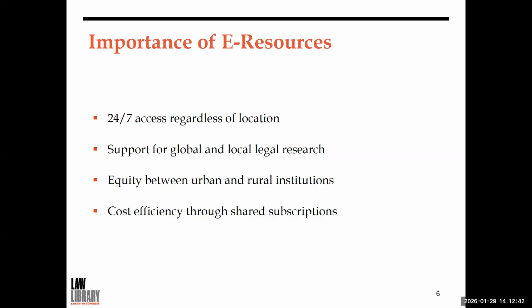There's also support for global legal research through KLISC. KLISC is a body that hosts all librarians. They negotiate for e-resources, and they are also able to acquire e-resources, be it local, that is Kenya Law information, and also through the consortia, we get subscribed e-resources globally, like LexisNexis and Hein Online.